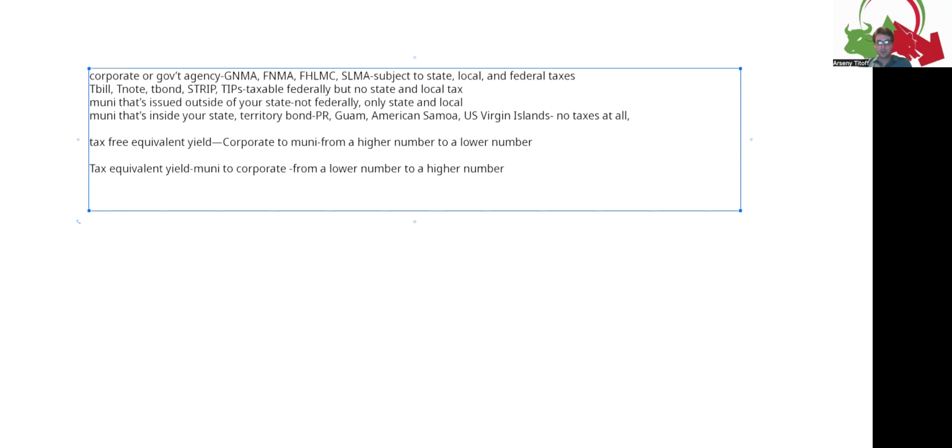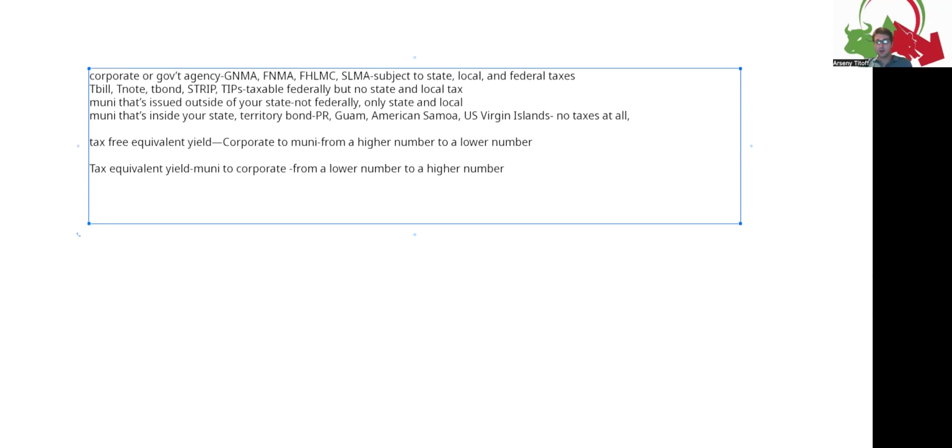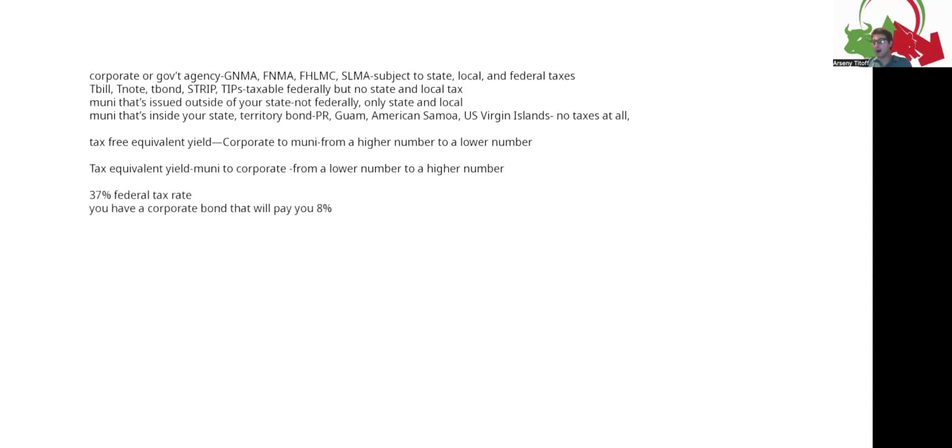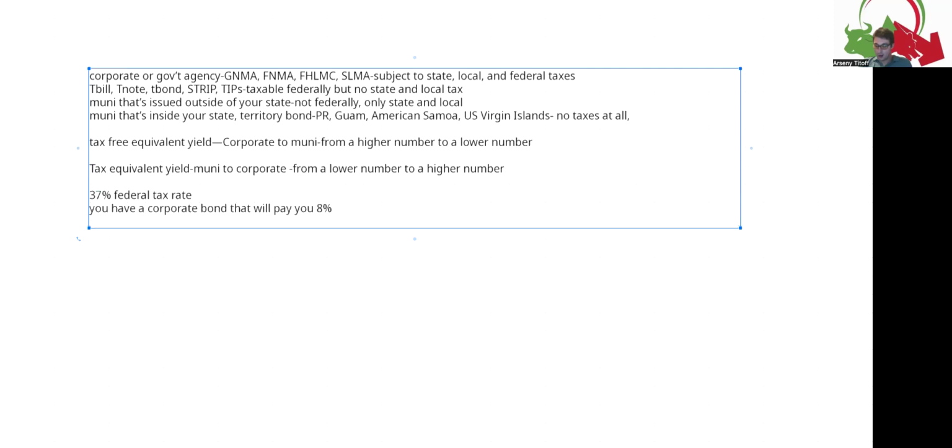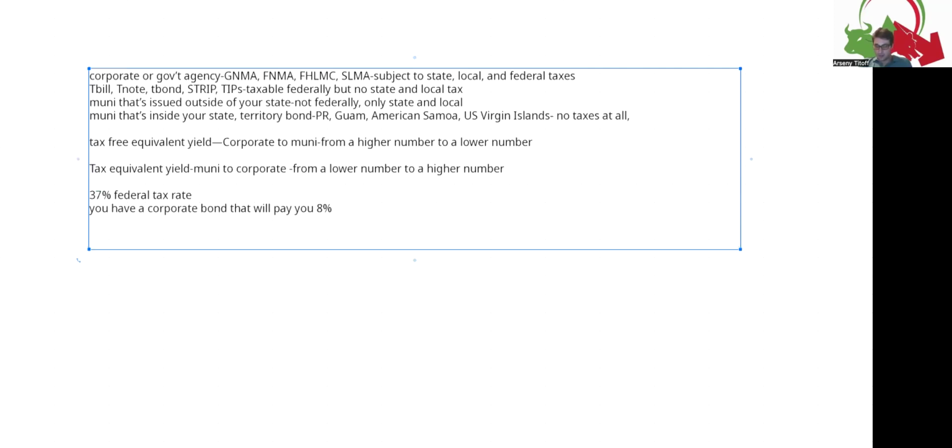You have a corporate bond that will pay you 8%. You're thinking, what would be the equivalent municipal bond return that would match up to that 8% corporate if I'm in the 37% tax rate? All you do is take 100% minus the 37% federal tax rate.